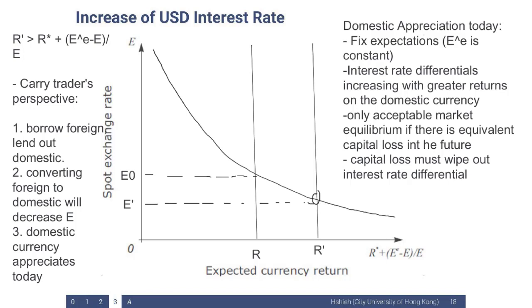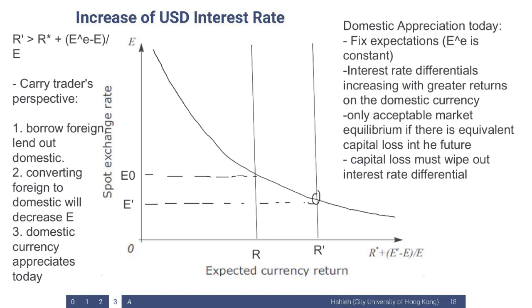Given that expectations are anchored, E can only move in one direction, which is down. What that means is that the domestic currency basically has to appreciate today so that it has enough room to depreciate to wipe out the larger interest rate differential. So that's what's going on in the equilibrium sense.